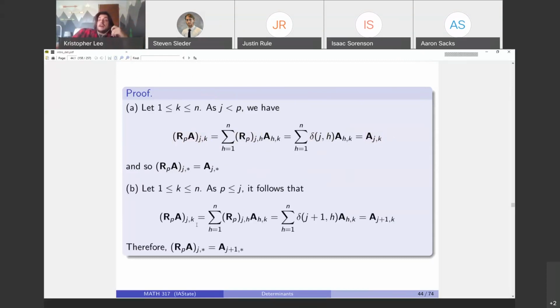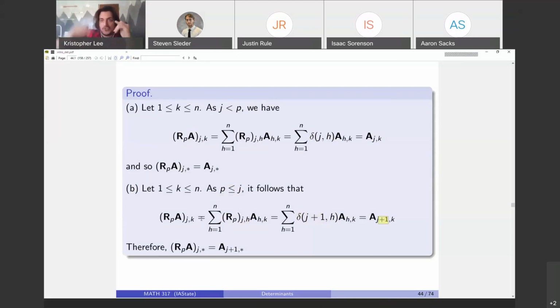Okay, so now for B, let's say now we're looking at a row that is equal to P, or possibly bigger. Well, then if we look at the product again, note that since we are beyond the P row, we don't get the normal Kronecker delta, we get the Kronecker delta shifted by 1, which means as h runs from 1 to n, what it's actually going to pick up is the j plus 1 entry.